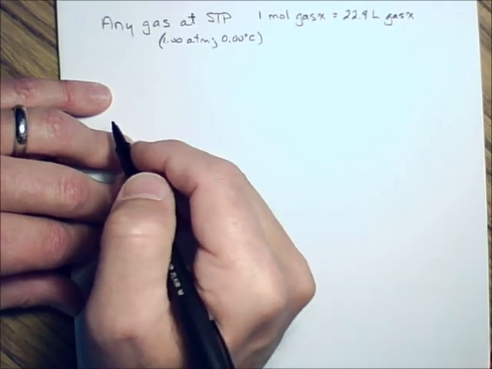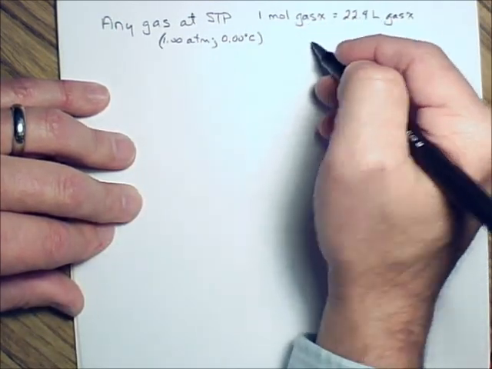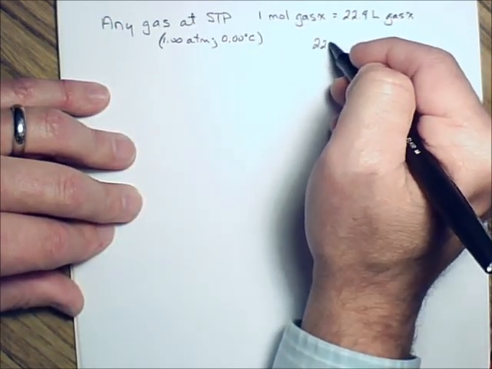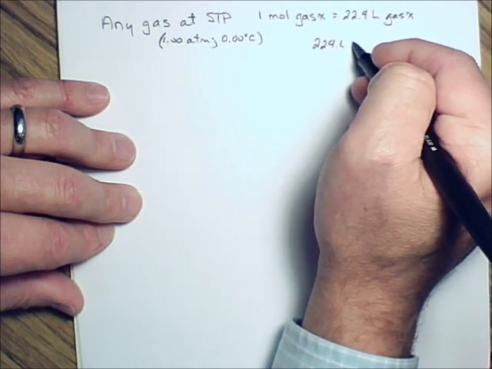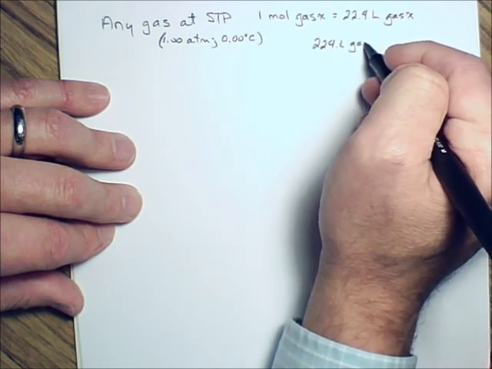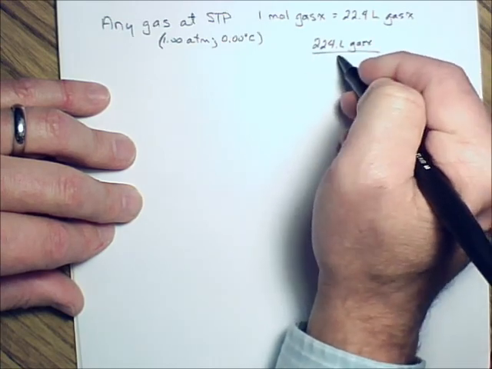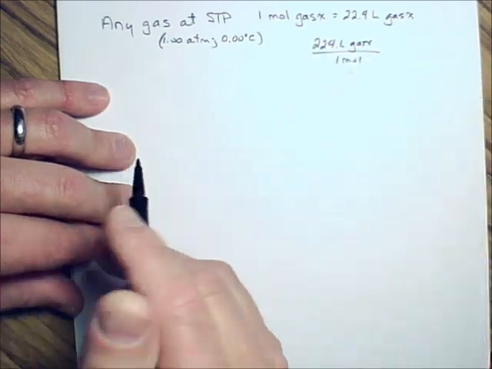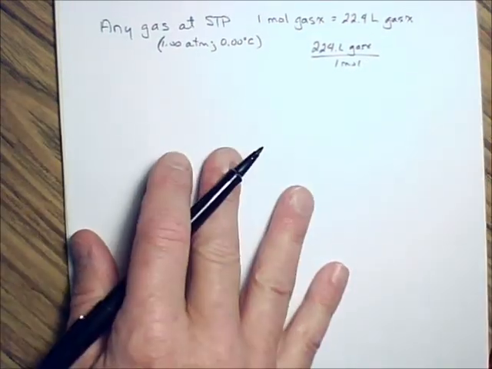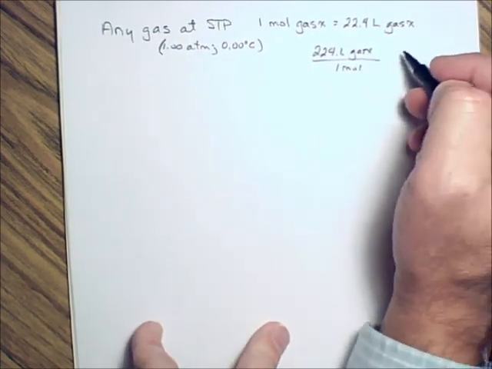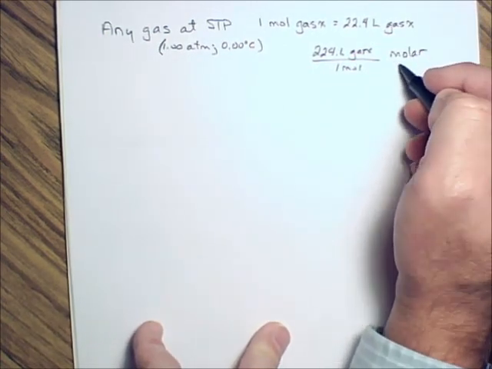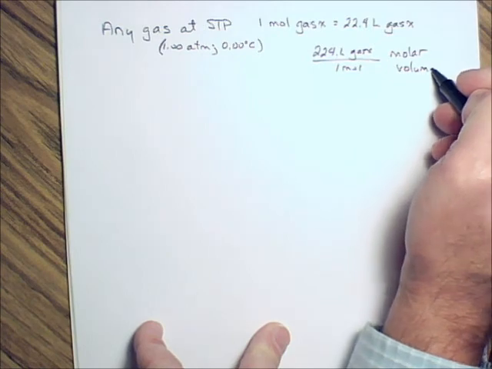Okay? Which we can write in a fraction if we need to make it work out. 22.4 liters of gas X over 1 mole. That's also a way of writing molar volume. Okay? And this is what we call molar volume.